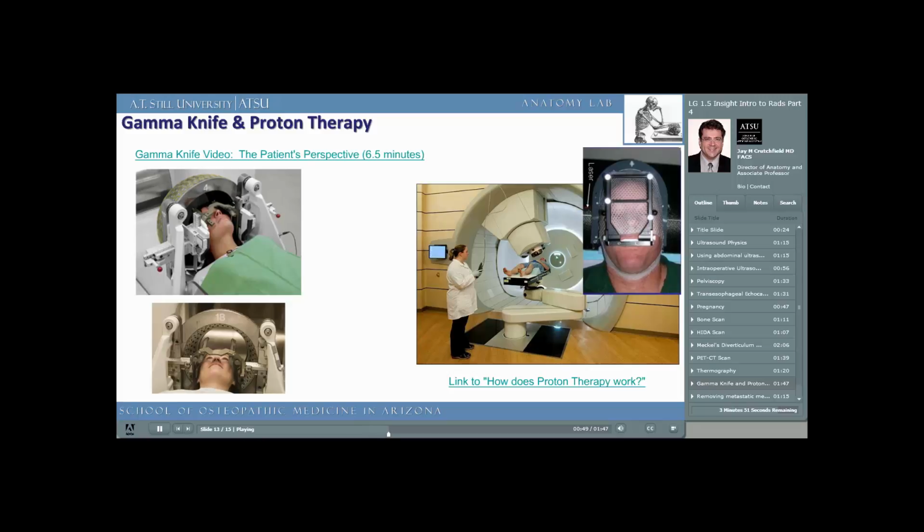These patients are receiving some sort of gamma knife therapy. The image on the right shows proton therapy and a link to how proton therapy works, as well as other links showing how gamma knife therapy works from the patient's perspective. Proton therapy is currently the most expensive medical treatment in the United States. It's based on years of research and the application of protons, not neutrons or X-rays, to treat intracranial neoplasms as well as other neoplasms.